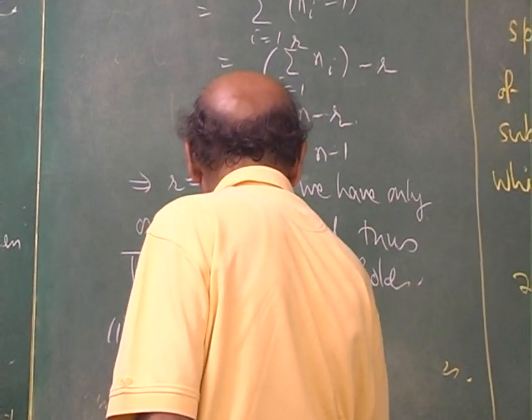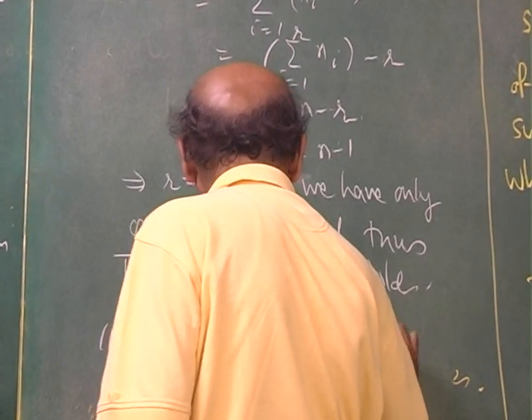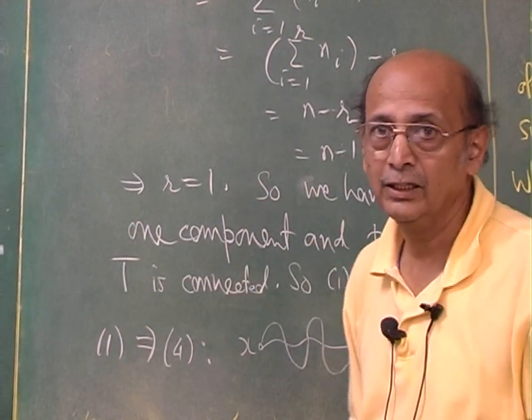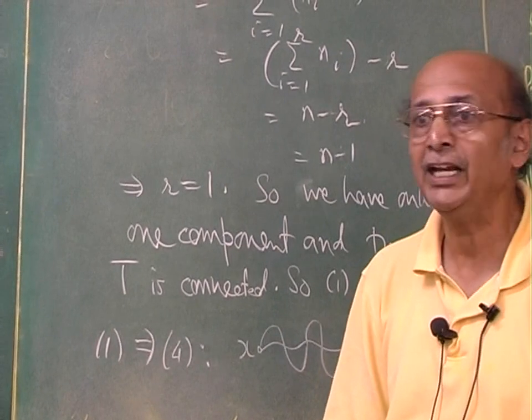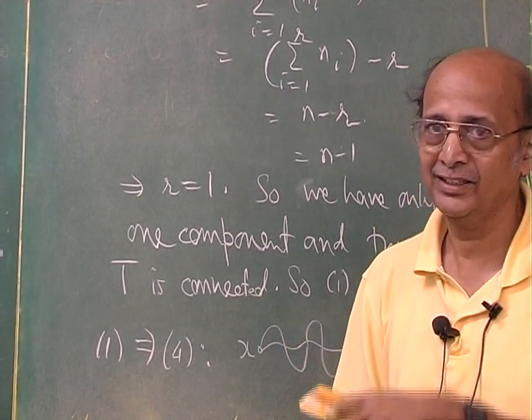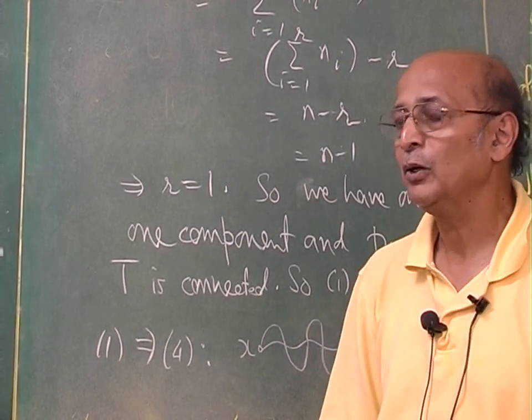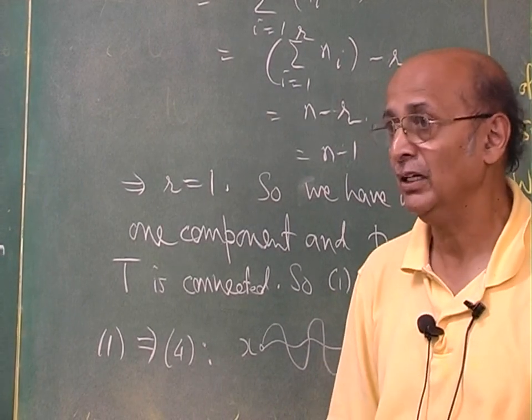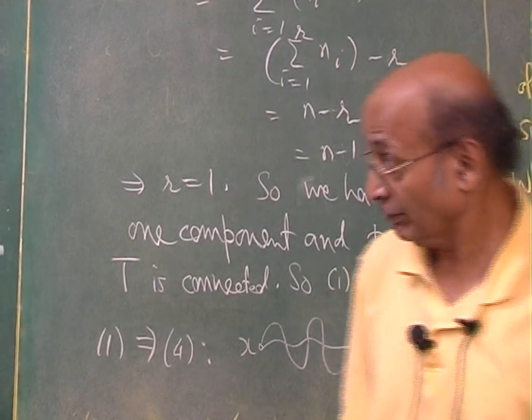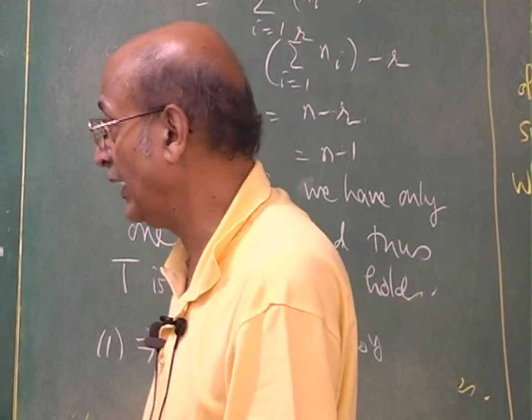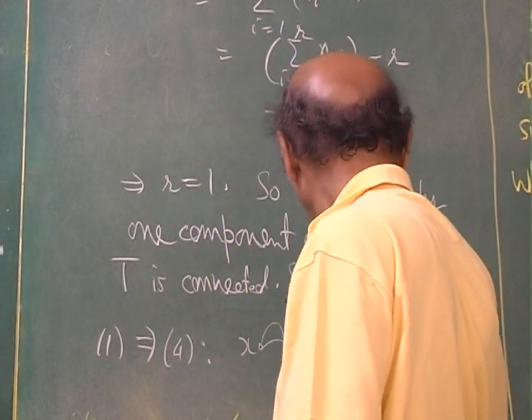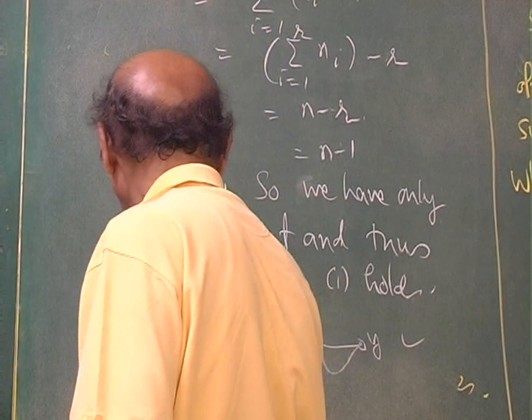If there are 2 paths between x and y, then I get a closed walk. A closed walk implies that there is a cycle, which is a contradiction because 1 says that there is no cycle. So that is the proof that 1 implies 4.